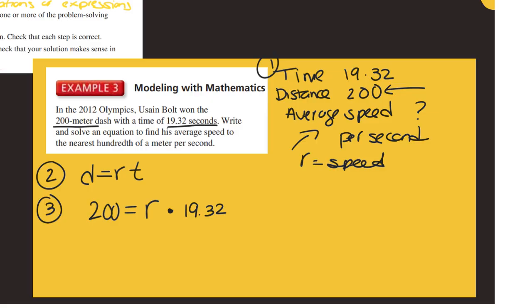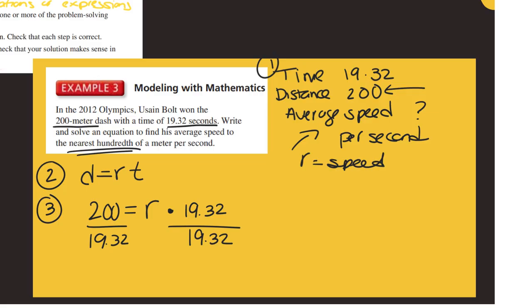If we were to solve this, we're going to divide by 19.32, and we're going to find it to the nearest hundredth. It's given right here, nearest hundredth.